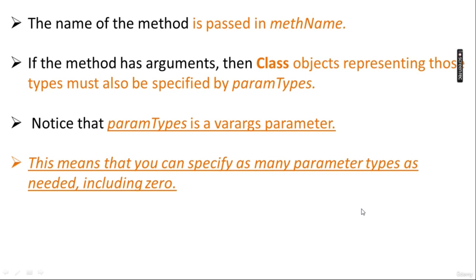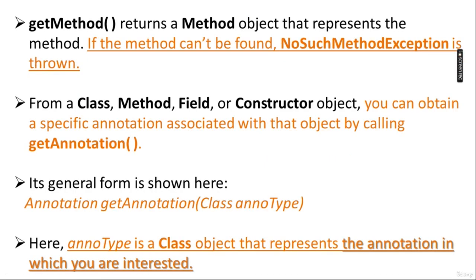Okay. If the method is without arguments, no worry. parameterTypes is a varargs parameter, as I have already explained. This means that you can specify as many parameter types as needed, including zero parameters.